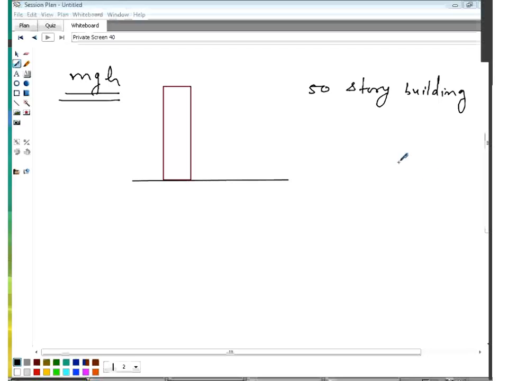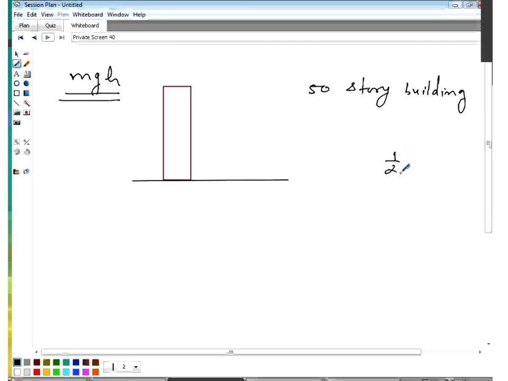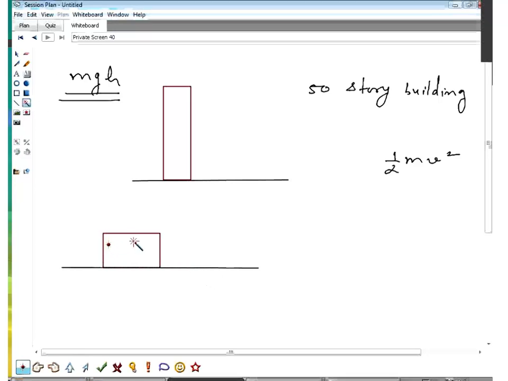When we discuss kinetic energy, half mv square is the kinetic energy of a particle. If there is a block, a system of particles, then as long as everything inside the block has the same speed, this formula still works.